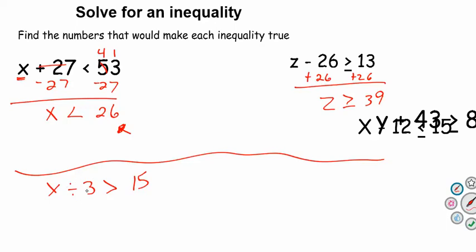The opposite of dividing by 3 would be to multiply by 3. So if I multiply by 3, I'm left with x has to be greater than 45. So any number greater than 45 would make this statement true.